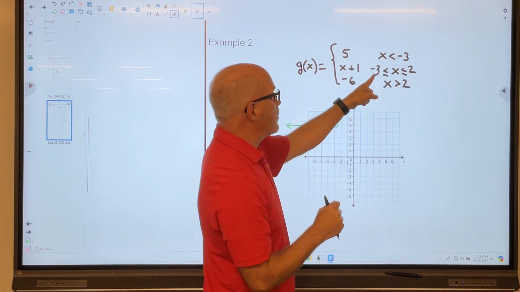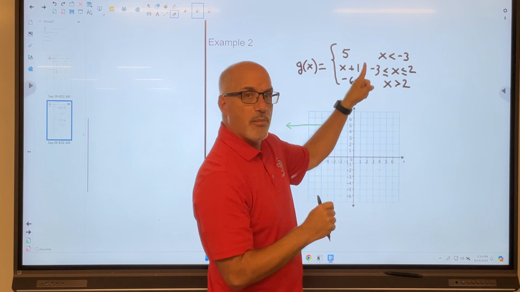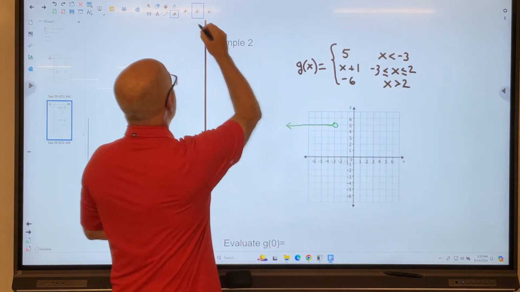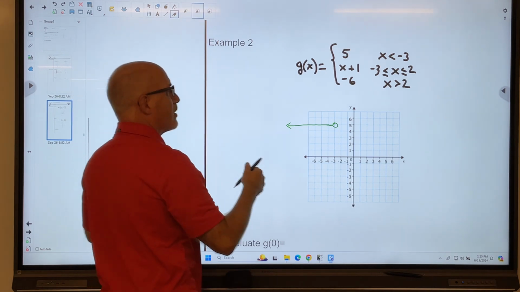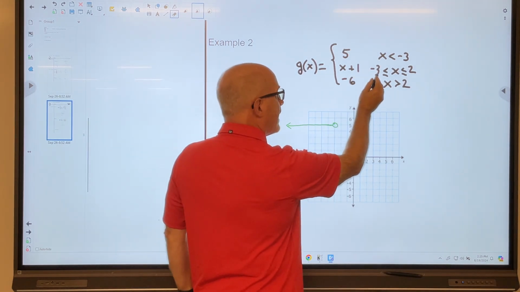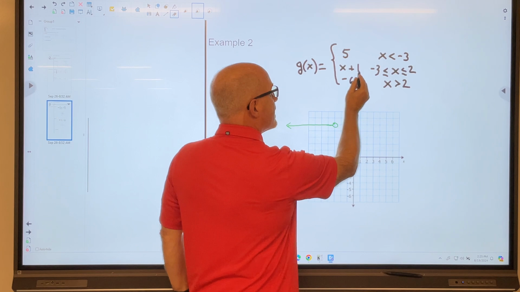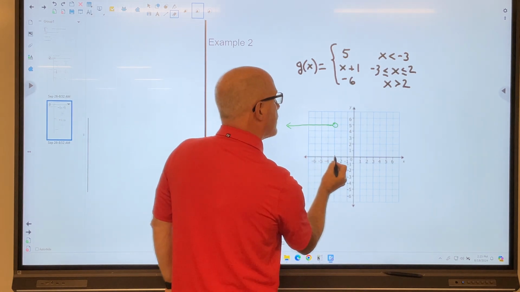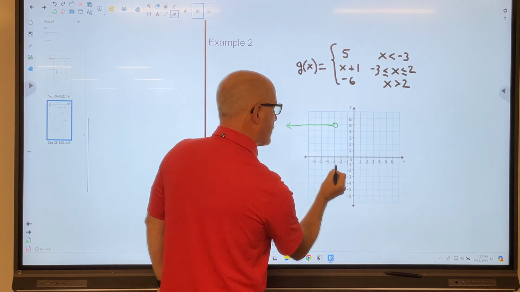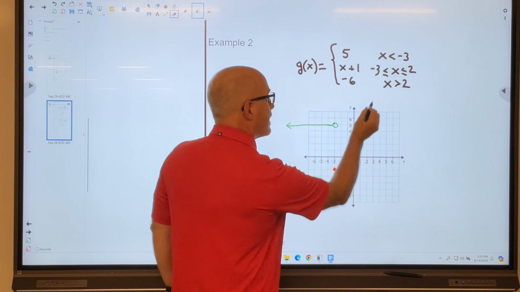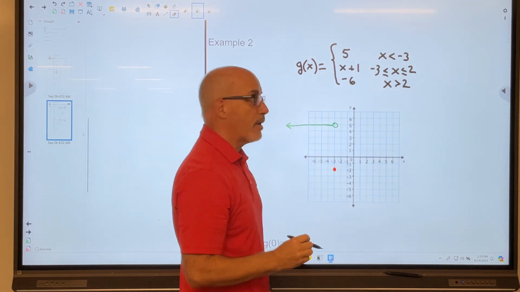Let's do this other one. I'm going to do x plus 1, but I'm going to use these endpoints to graph it. I'll do this one in red. Okay, so let's do -3 plus 1. I'm going to start at x equals -3, add 1 to it, and you're going to get -2, so it'll be down here at -2. It's included because we have the or equal to on it.